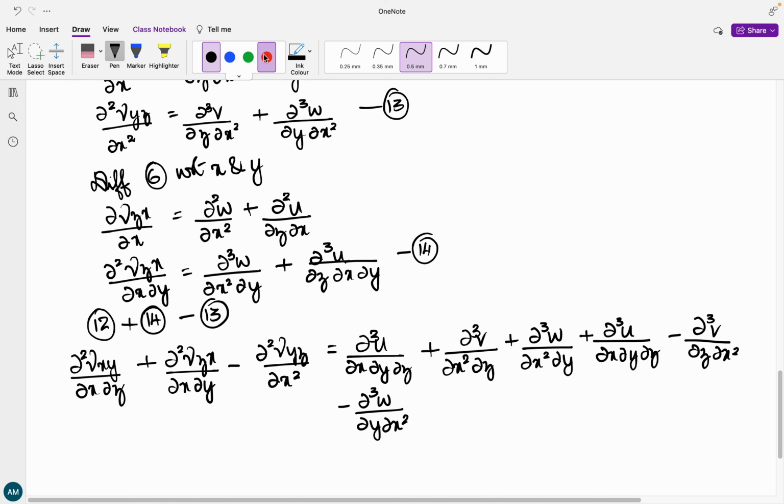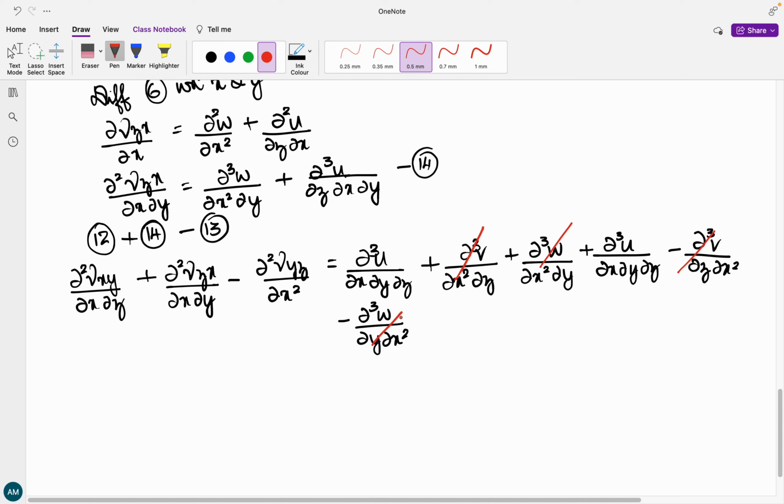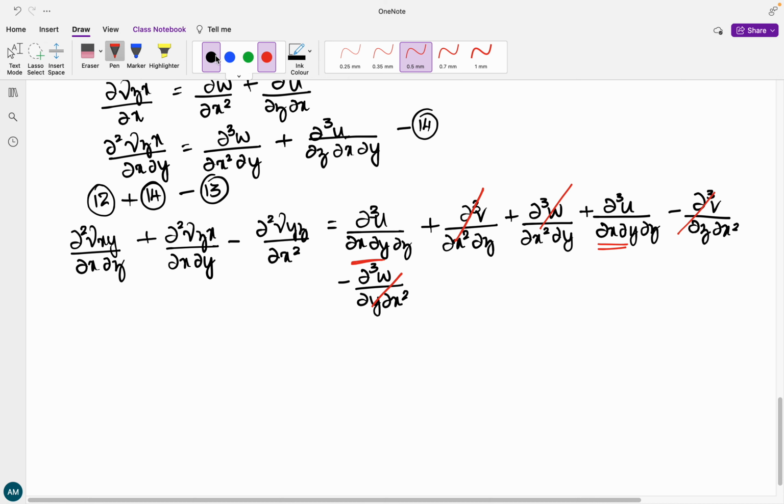So this gets cancelled with this, then this gets cancelled with this. We will be left, can you see that these two terms are one and the same? So we will be adding them.